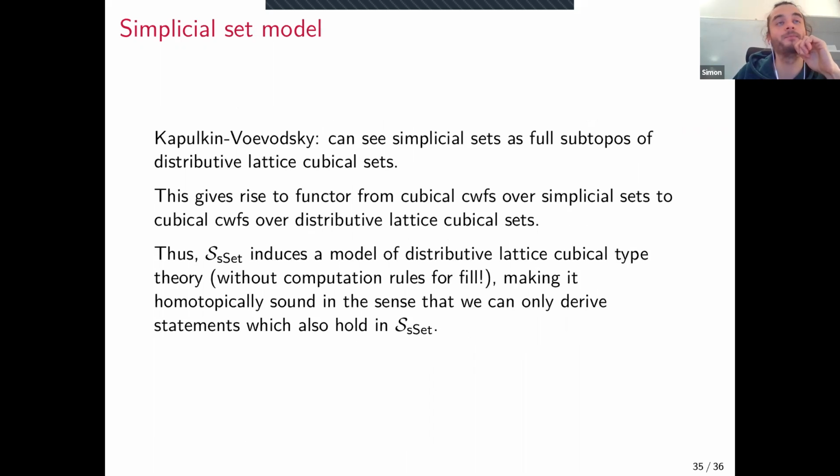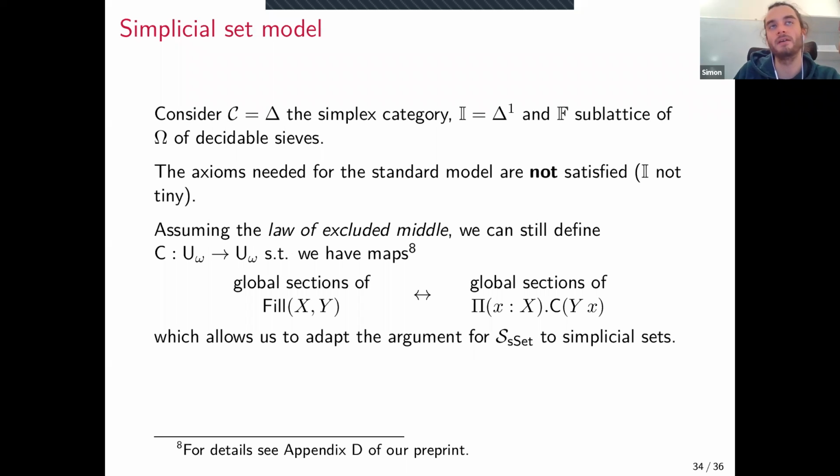Okay, so by an argument by Chris and Vladimir, we can see simplicial sets as a subtopos of cubical sets formulated with distributive lattices. And this correspondence also gives rise to a functor of these cubical CWFs. So you start with cubical CWFs over the simplicial sets, where I, F, and C are like here.